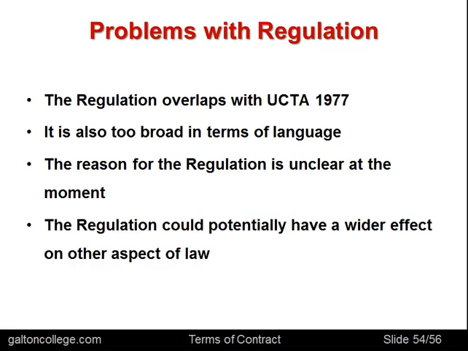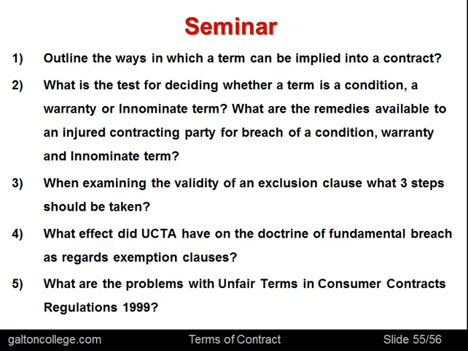As I said, the impact on other areas of law, for example on negligence or on other areas of commercial law. So it's wise just to think wider on these areas.